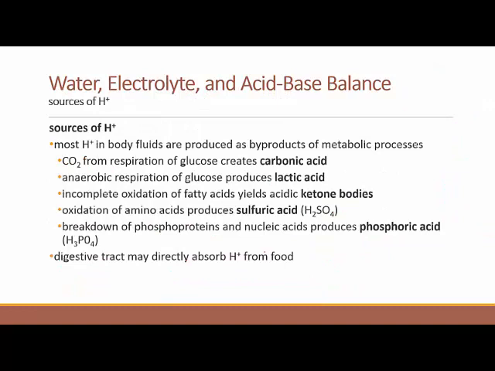So where do all these hydrogen ions come from? Well, most of them are produced in body fluids as a part of all the metabolic reactions of the body. There are lots and lots of metabolic reactions that have, as a waste material or end product, something that is acidic.